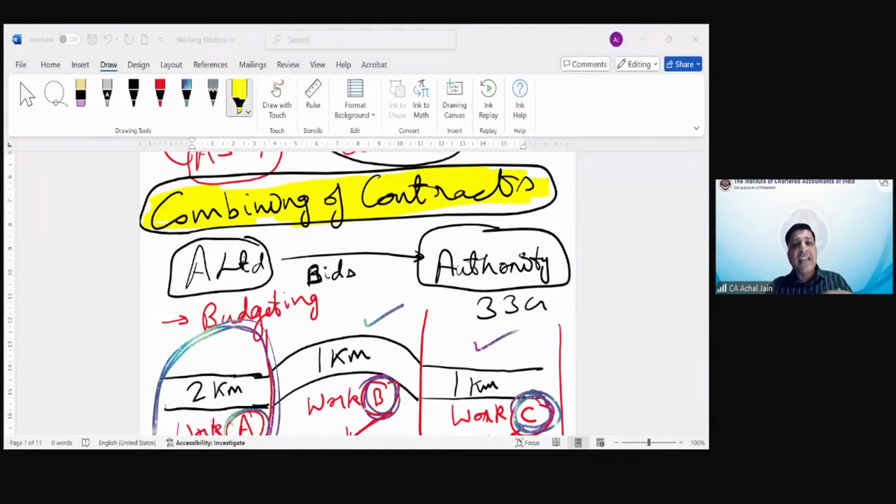You will consider as if it's a single contract and accordingly recognize revenue on them, considering that to be a single contract. Now the question is, how will you recognize revenue? How do you think the percentage completion will be derived? What will be the basis of that? All of those aspects we are going to cover.